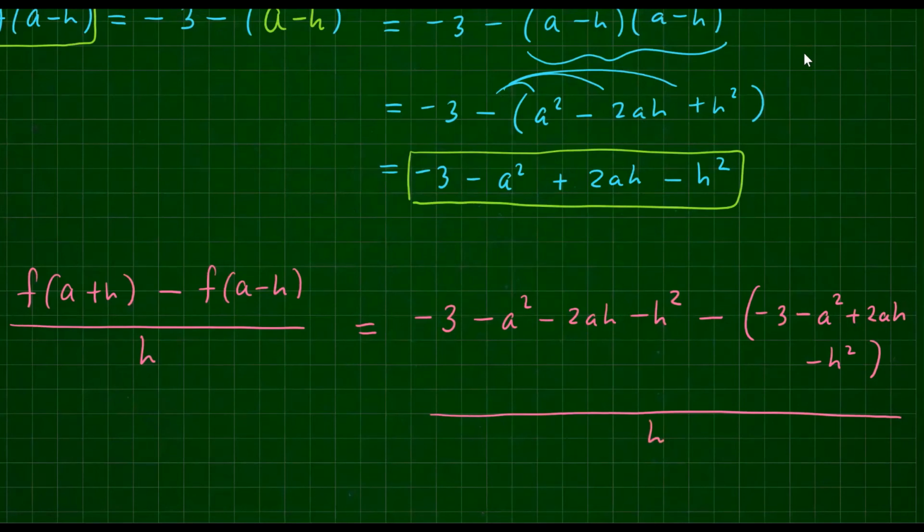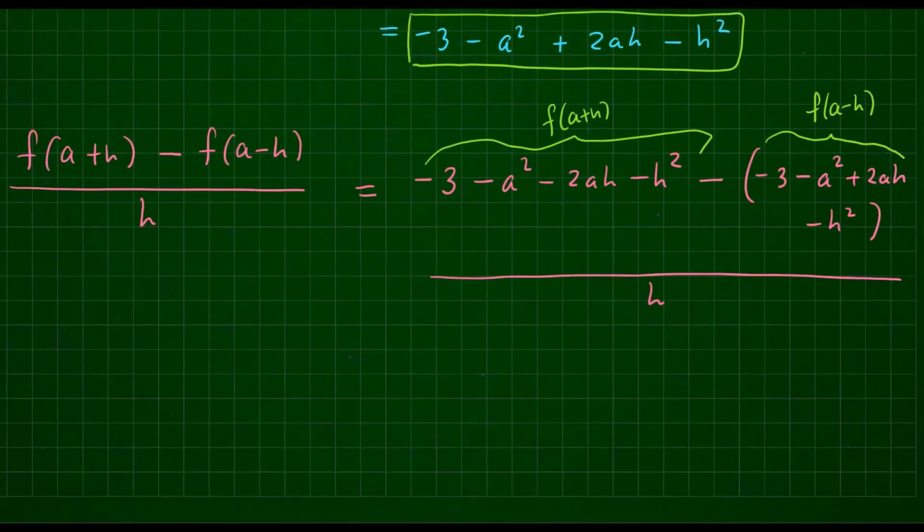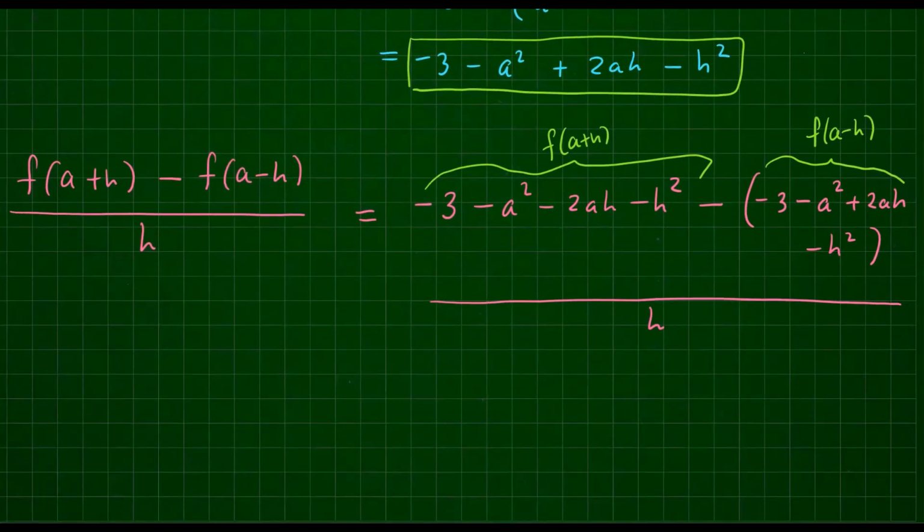So that's the setup. As you can see, this is our representation for f of a plus h, and this term in parentheses is f of a minus h. We're subtracting them, just like the formula says, and dividing the result by h. By doing further simplification, we distribute this negative out to every single term.